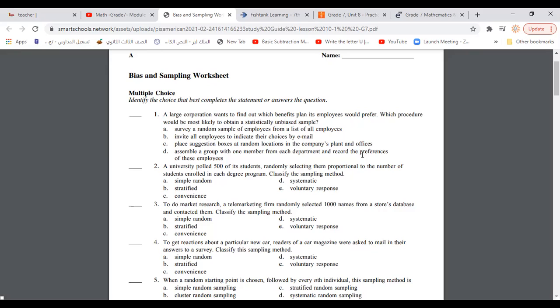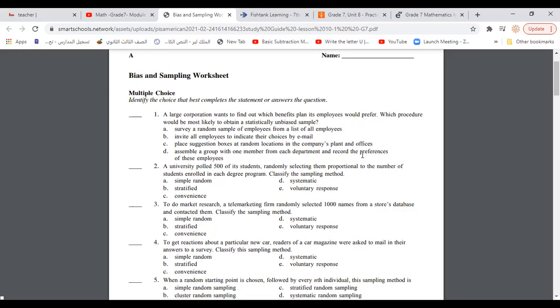Did you see he wants a statistically unbiased sample? Which one are you going to choose? A. Very good. Why did you choose A? Because I chose the most random one: survey a random sample from all the employees. Thank you.